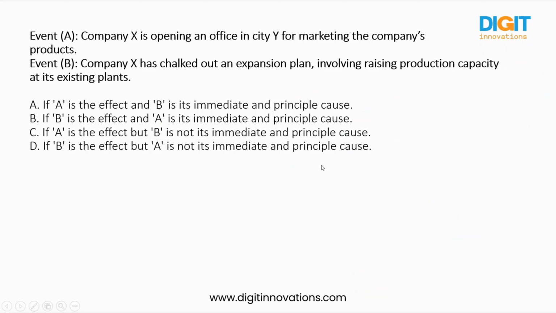Next one, there are two events happening. We have to tell what is the effect and what is the principal cause for it. That means I can say it is what is the solution they're asking. So event A: company X is opening an office in city Y for marketing the company's product.